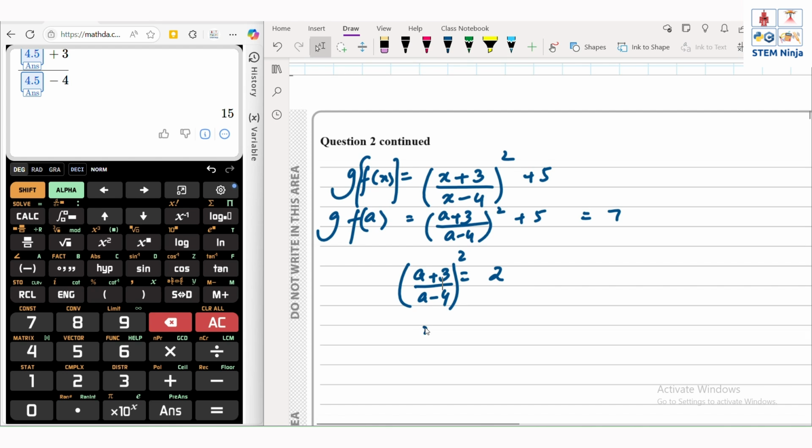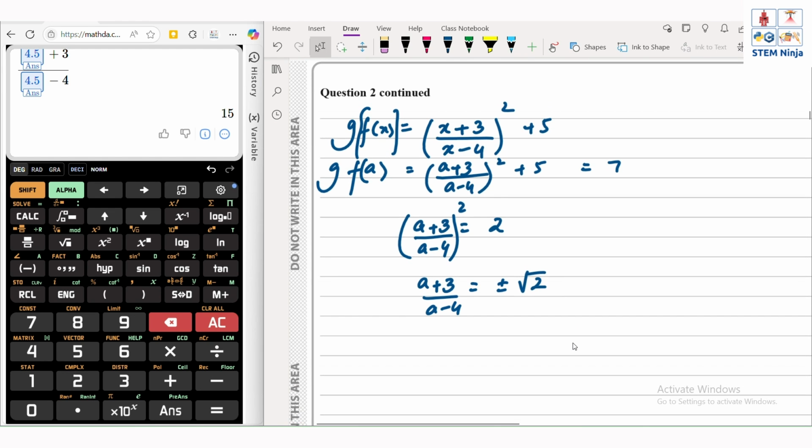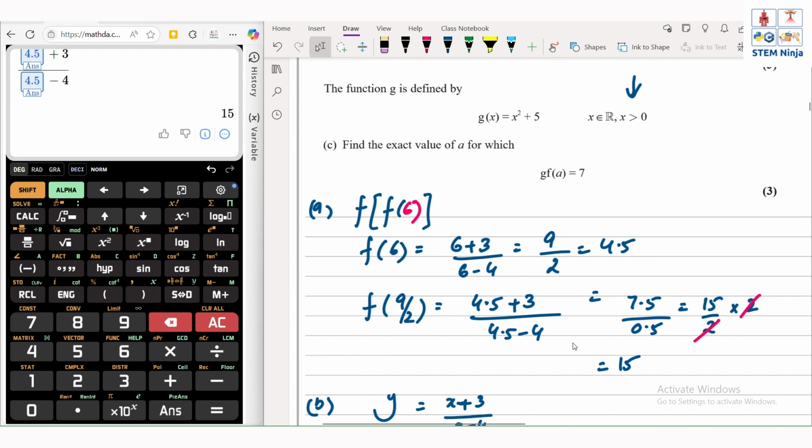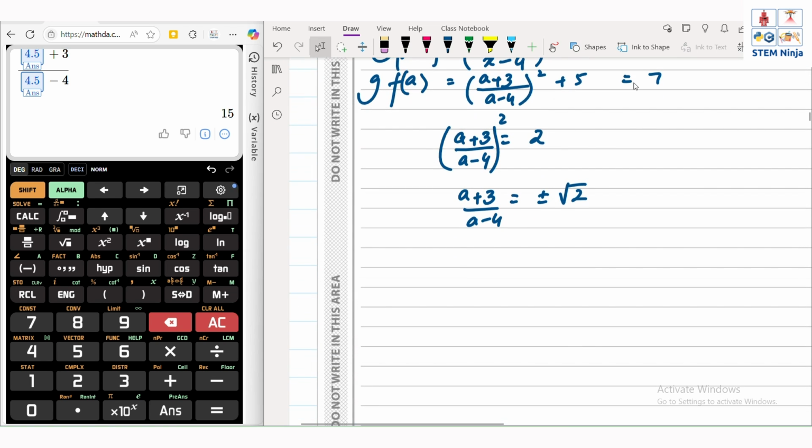When we take the square root, you get (a plus 3) over (a minus 4) equals plus and minus square root 2. Then we need to find out the values of a. So we will cross multiply with two different values. a plus 3 equals root 2 times (a minus 4), and the other would be a plus 3 equals minus root 2 times (a minus 4).